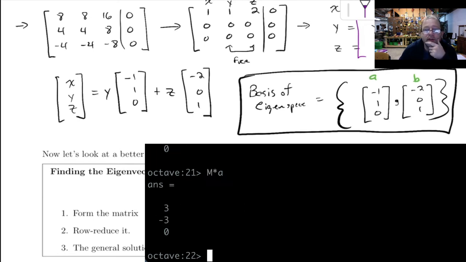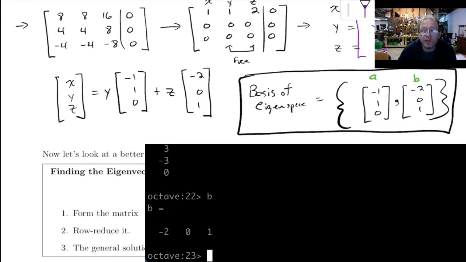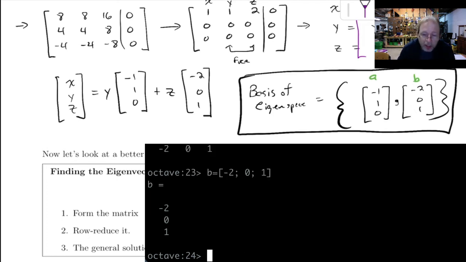And sure enough, it does. It'll do the same thing for B, except I forgot my semicolons. There's B, and if I multiply M times B, it should give me 6, 0, -3. Sure enough, it does, because both of those are eigenvectors that go with the eigenvalue -3.